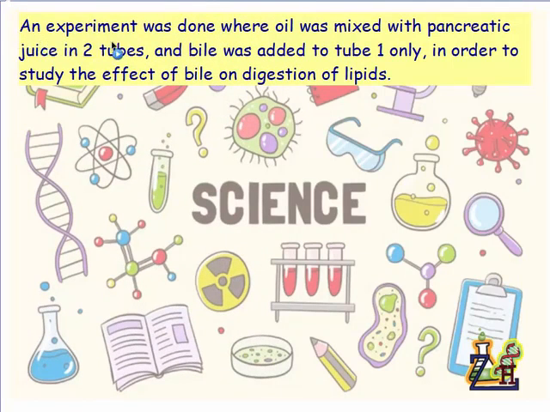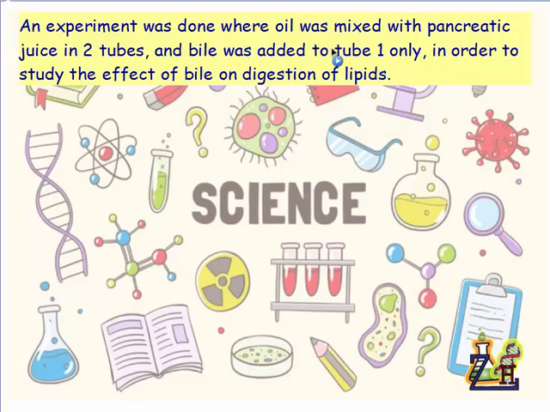We have here an experiment where oil was mixed with pancreatic juice in 2 tubes, and bile was added to tube 1 only, in order to study the effect of bile on digestion of lipids. Before we start to analyze, we have to understand the given of the experiment. We have oil mixed with pancreatic juice in 2 tubes, and bile was added to tube 1 only.